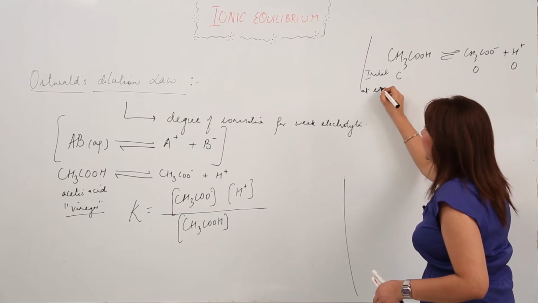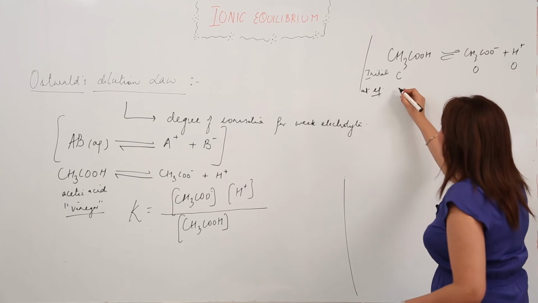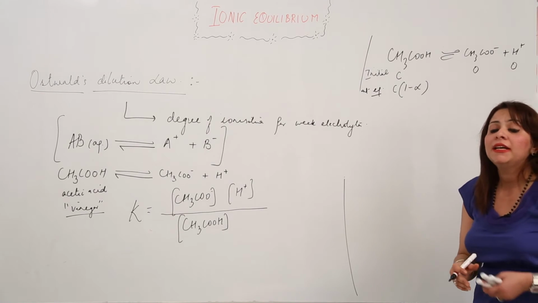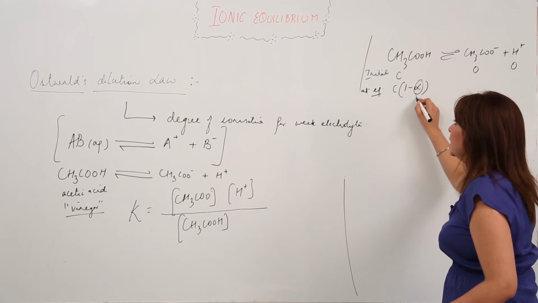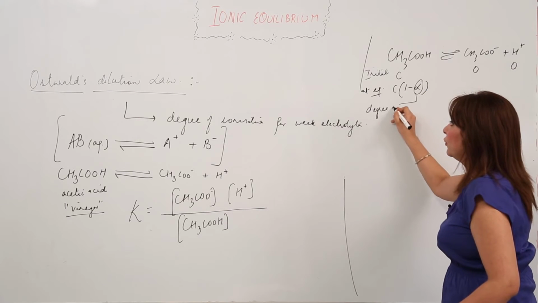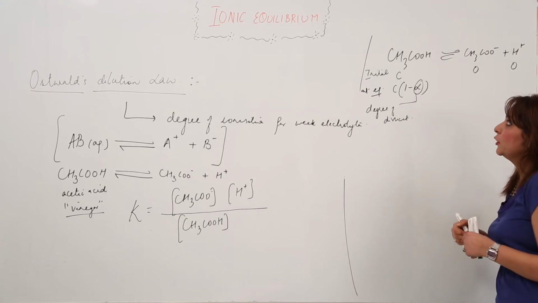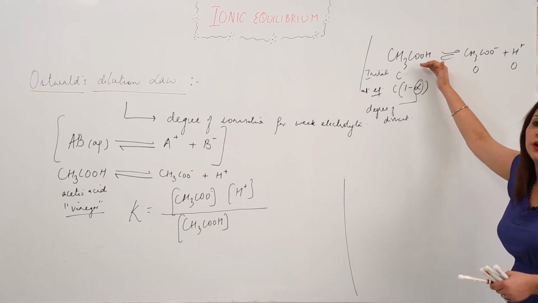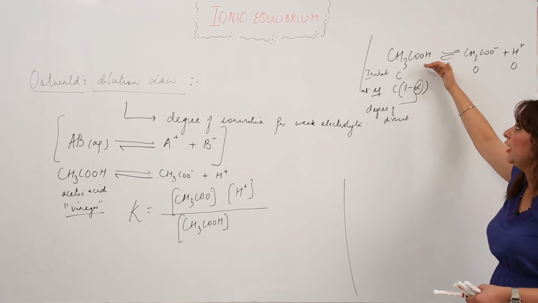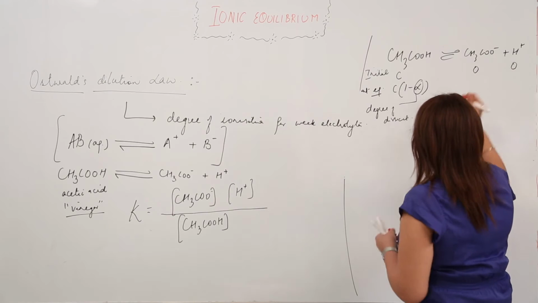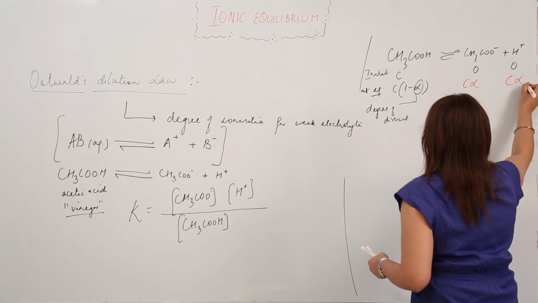But at equilibrium, when it gets dissociated, the concentration left for acetic acid is C(1 - alpha). You know that alpha is the degree of dissociation. So at equilibrium the concentration for acetic acid is C(1 - alpha), and for acetate ion and hydrogen ion it is C alpha and C alpha.